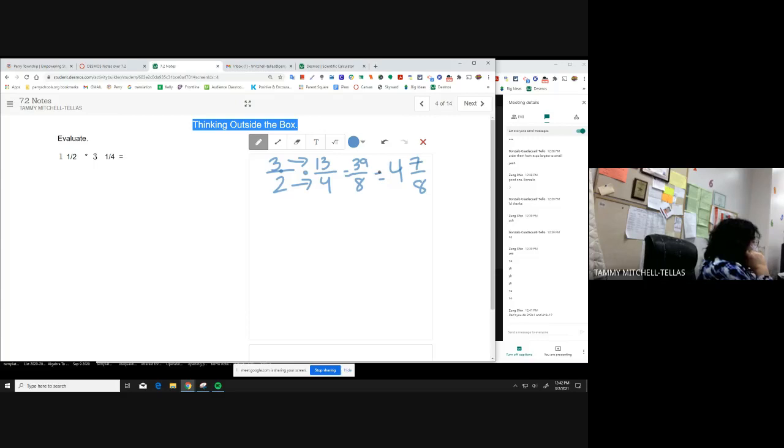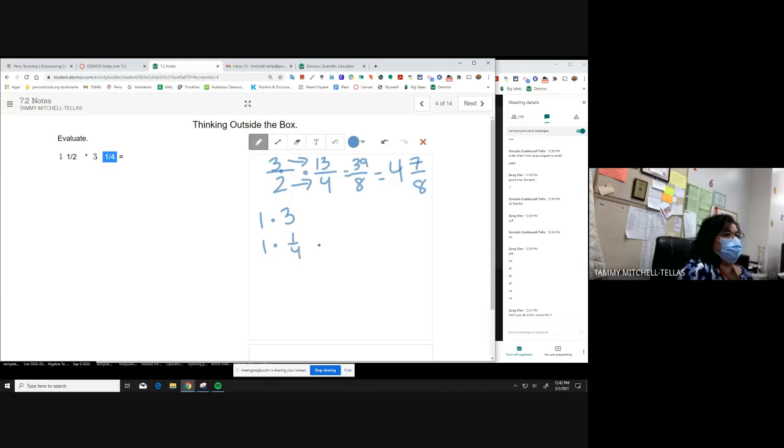Okay, so what I want to show you today is that you could use the method from FOIL that we're going to be learning to do mixed numbers, just like you do it when we do FOIL in binomials. So if I take this 1 and I multiply it by the 3, and then I take the 1 and I multiply it by the 1/4. So 1 times 3 and 1 times 1/4.